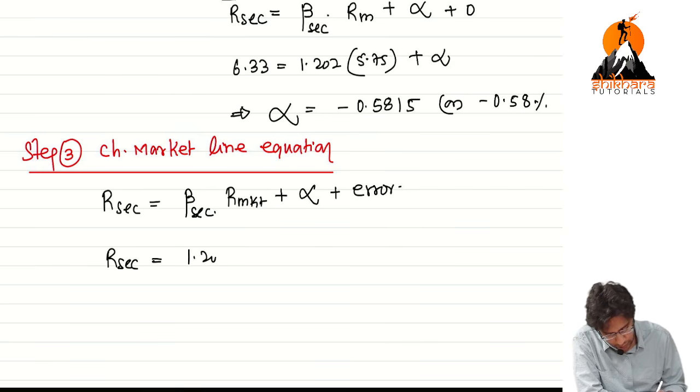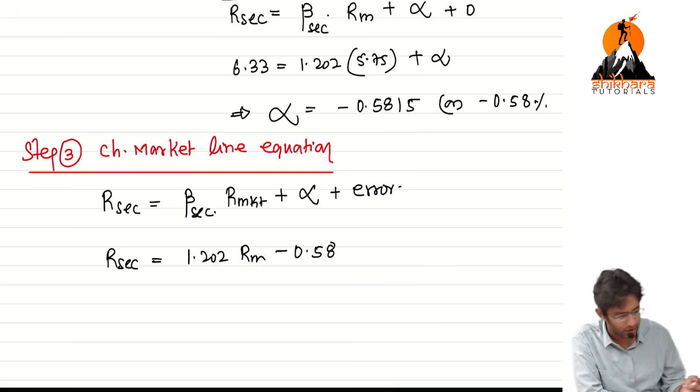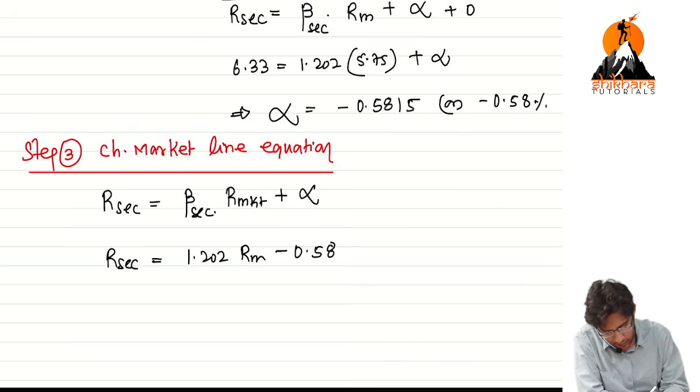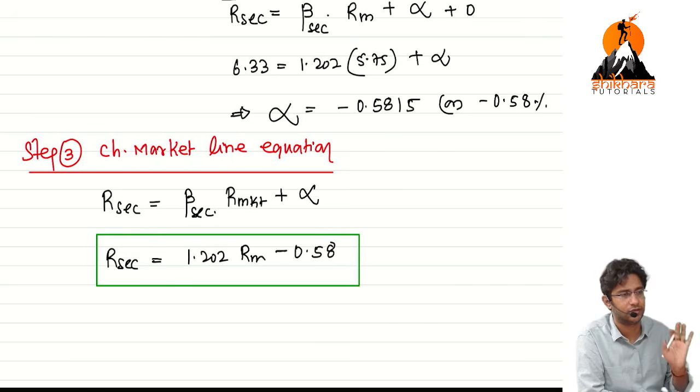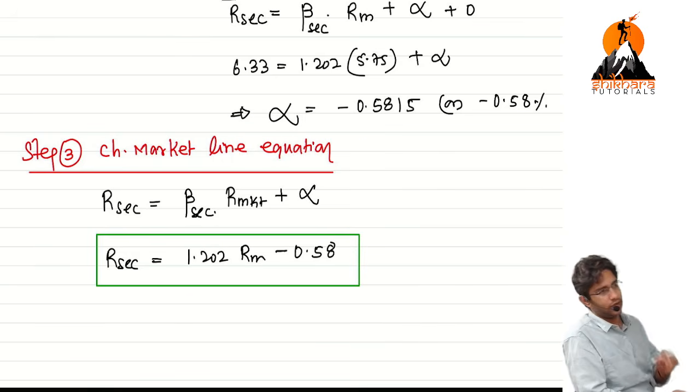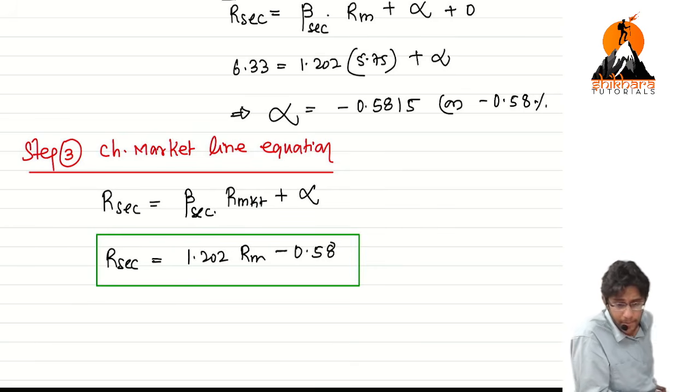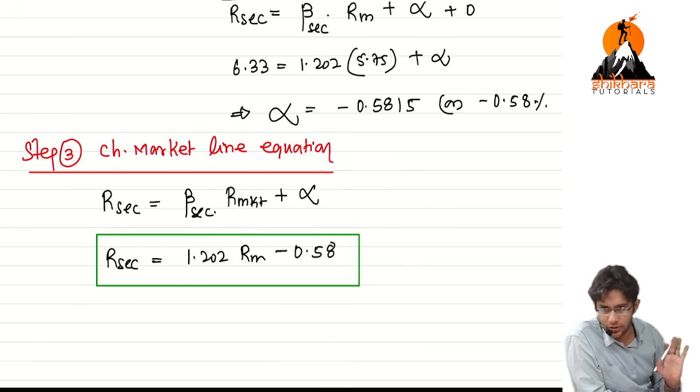Beta 1.202. Rm we should not fill up. Plus alpha, fill up: minus 0.58. That's all. The error you can write, or else you can ignore it; that's up to you. Why we write error is to indicate the equation is not exact, conceptually. It's not that we find the error and write it. That's all; this is done for us.